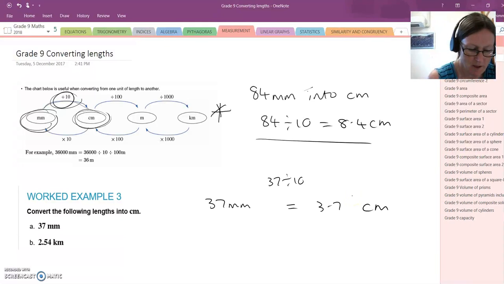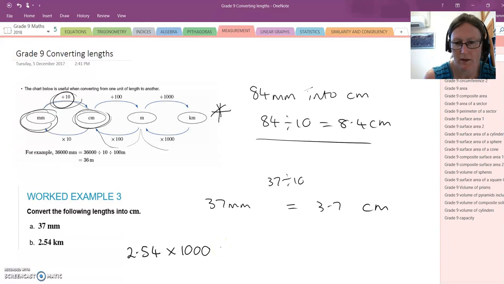The next one's a little bit harder, 2.5 kilometres, and we want to convert that into centimetres. So we need to go kilometres down to metres, and then from metres down to centimetres. So to get from kilometres to centimetres, we first of all will times it by 1,000, because there is 1,000 metres in a kilometre.